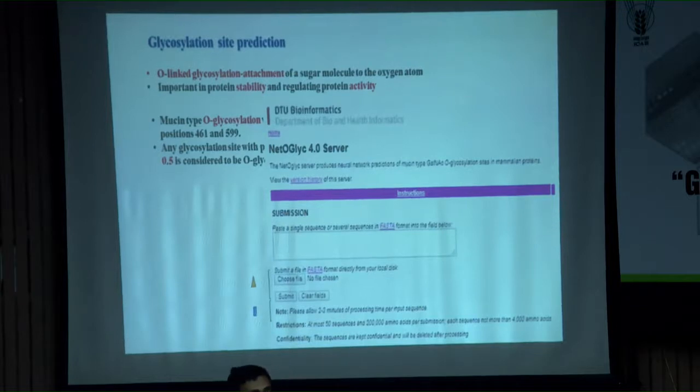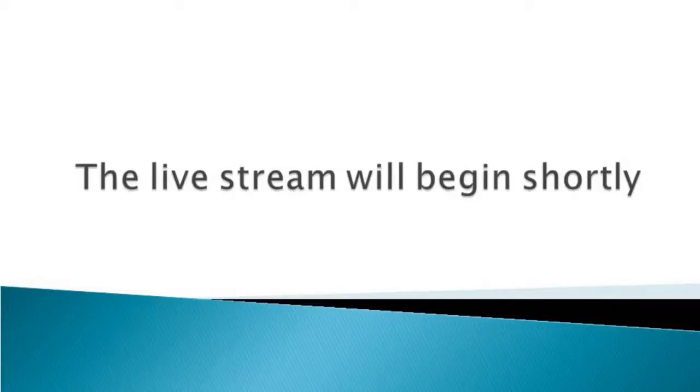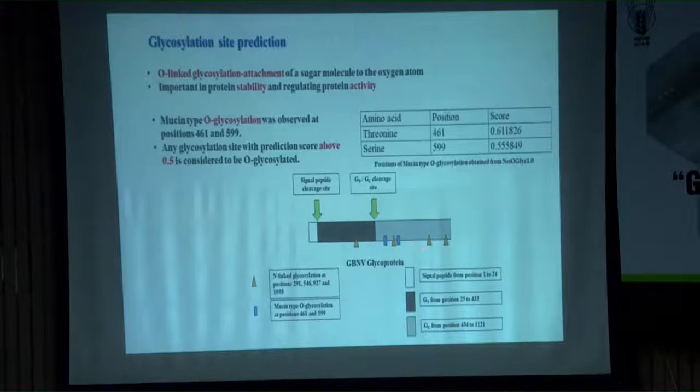So that's a web server. The orange arrow signifies the N-linked glycosylation sites, and the blue sites indicate the O-linked glycosylation sites.